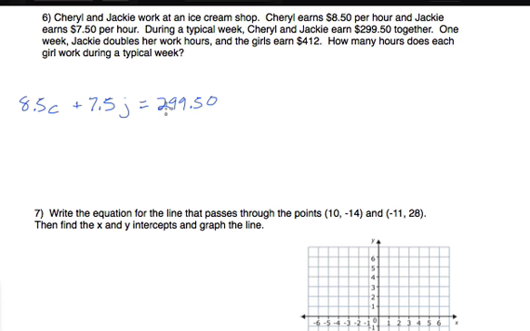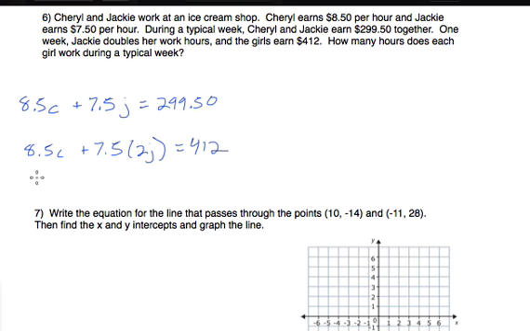Now, one week, Jackie doubled the amount of hours that she worked. So Cheryl still worked a normal amount of hours, but Jackie worked 2 times her normal amount of hours. So that would be 2 times the normal amount of hours that Jackie works. And on that week, they earned $412 even.